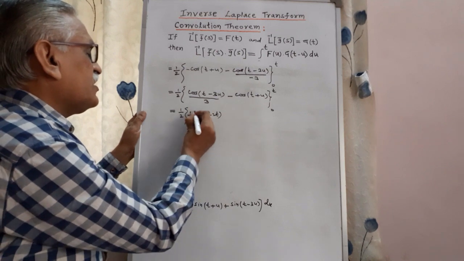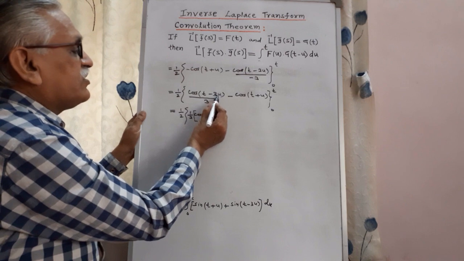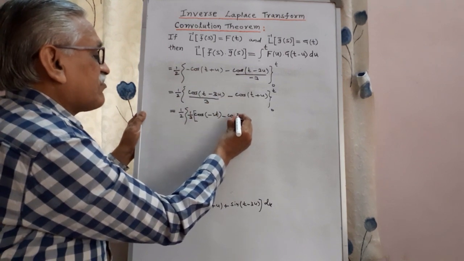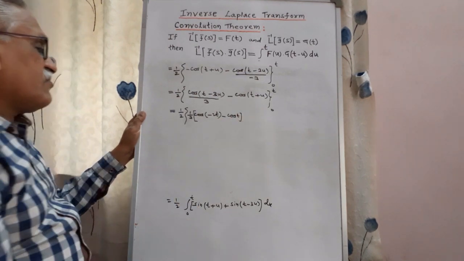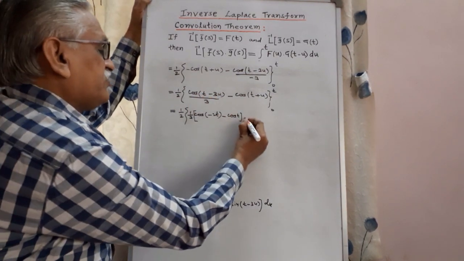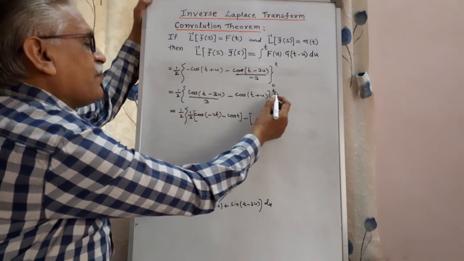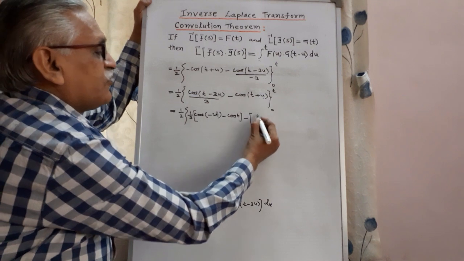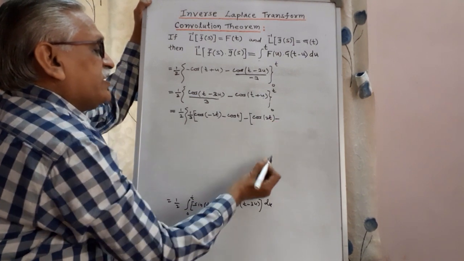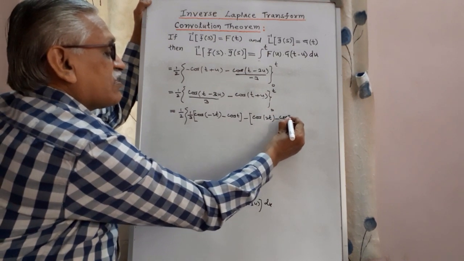I will directly substitute the upper and lower for this term, and when lower limit is 0 here, it is cos t. I have substituted upper and lower limit for the first term, then minus upper minus lower. For upper it is t, therefore cos of t plus t, we get 2t, minus lower limit at 0 here, we get cos t.